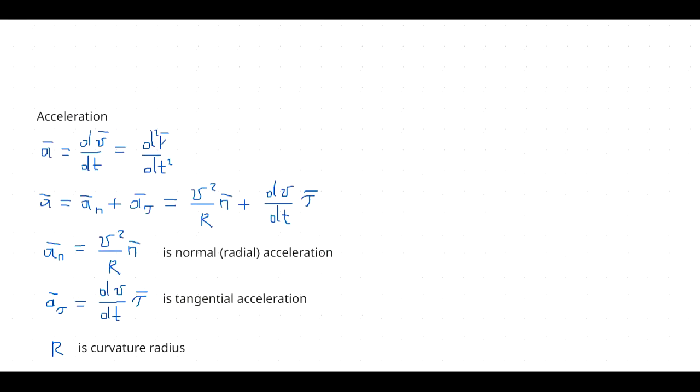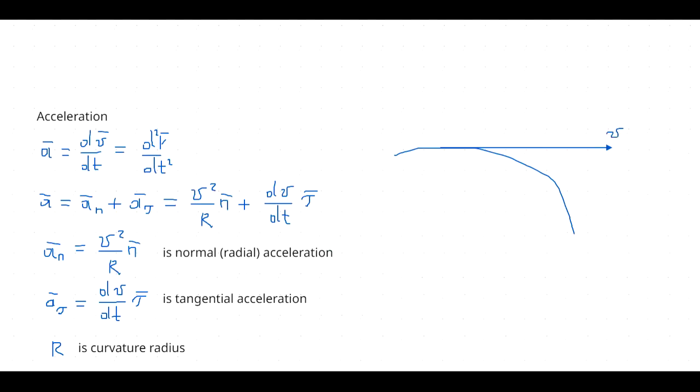I will draw a picture. If we have some trajectory of motion, we have vector of velocity v.